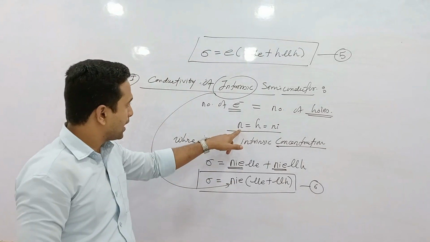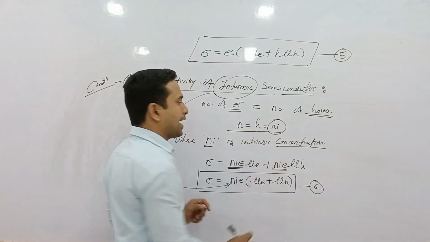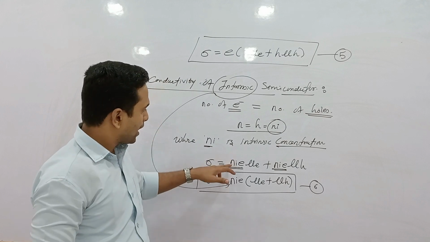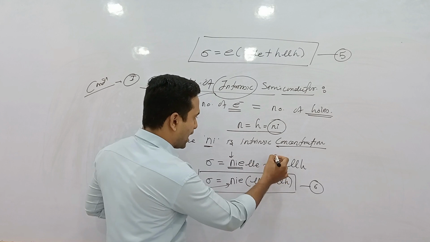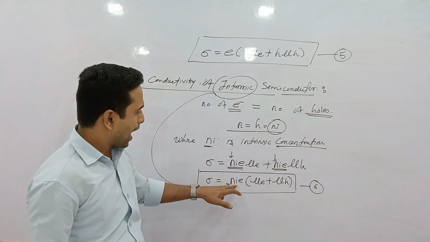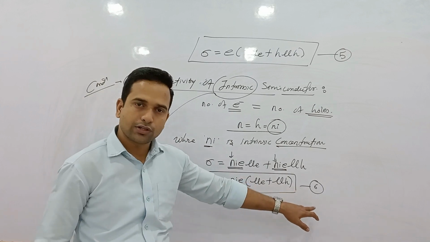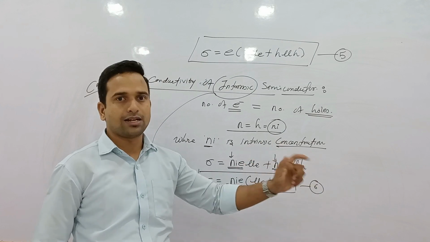Because the number of electrons and number of holes are the same, both indicated by ni, the intrinsic concentration. So in place of n we put ni and in place of h we also put ni, and we got the equation ni e mu e plus mu h. This equation gives the conductivity of intrinsic semiconductor.